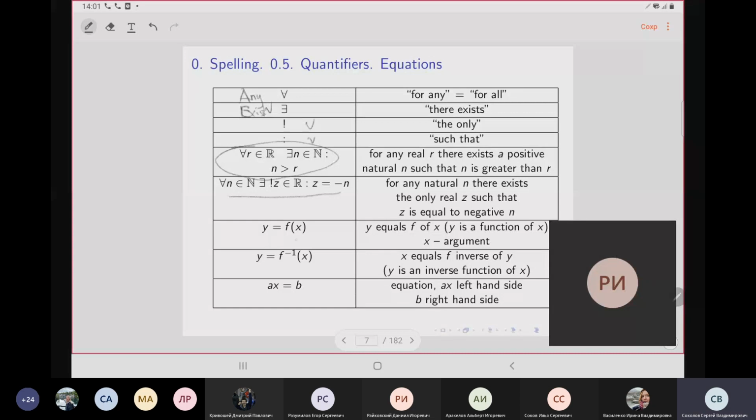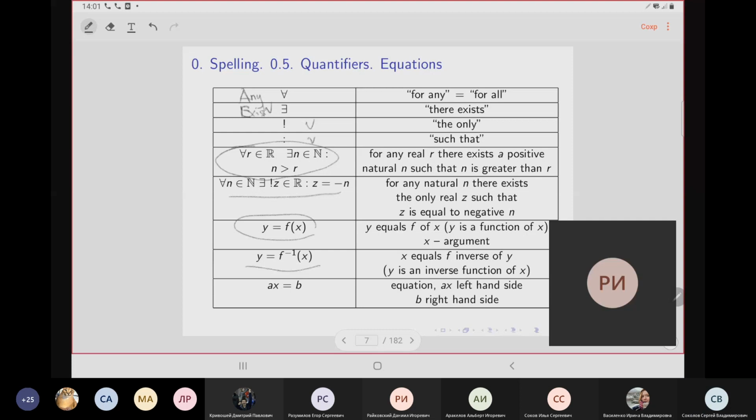Functions. Y equals f of x, or y is a function of x. Here, y is the result of the function and x is the argument. For inverse functions, we have the following notation. And we can spell it as x equals f inverse of y.